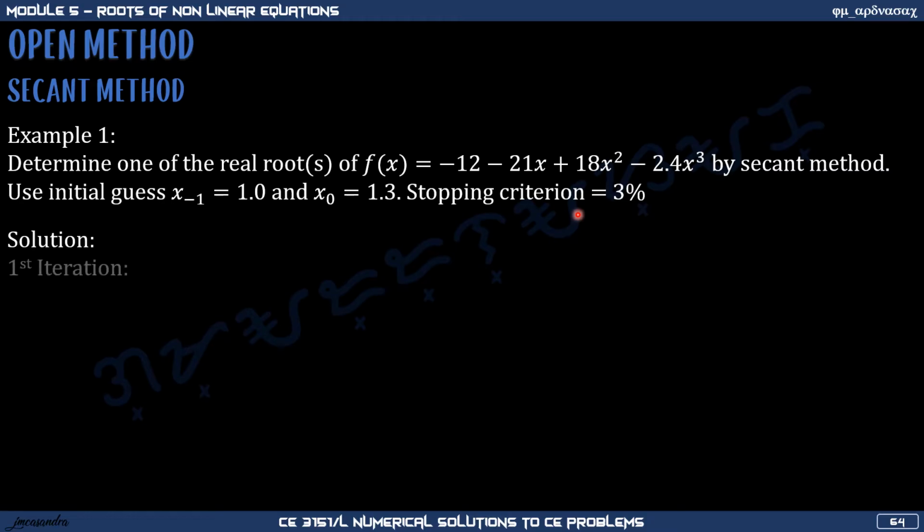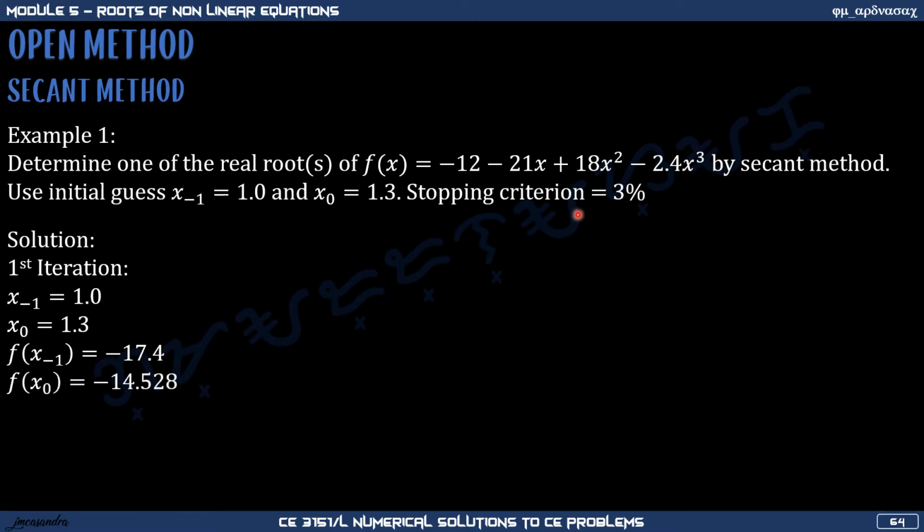Okay, so for our solution, first iteration, we're given x of negative 1 is equal to 1 and x0 is 1.3. So we solve for their functions: negative 17.4 and negative 14.528. With that, we can now compute for our approximation iteration of x.